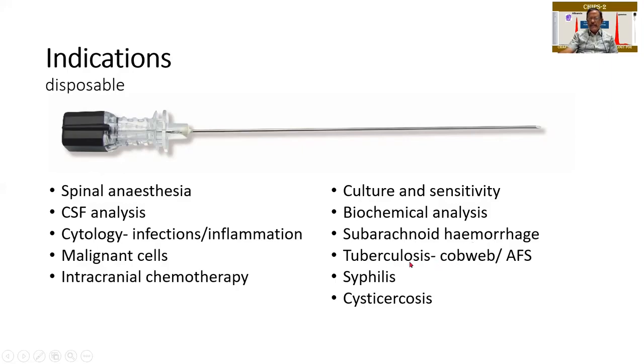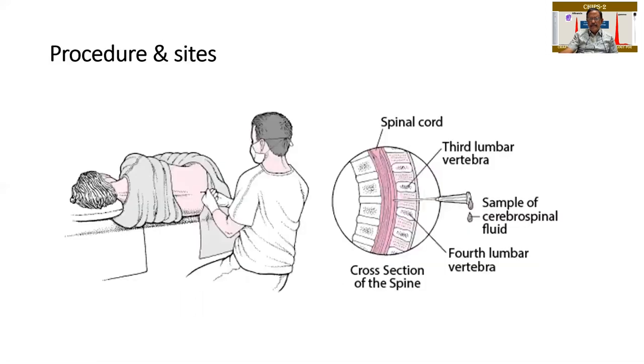And of course, specific in conditions such as tuberculosis, where we can get a cobweb formation in the CSF confirmed by acid-fast staining, syphilis, cysticercosis. These are all certain things. So I would like you people to have this in your mind because these can be asked. What is the indication for doing a CSF analysis? Please do answer.